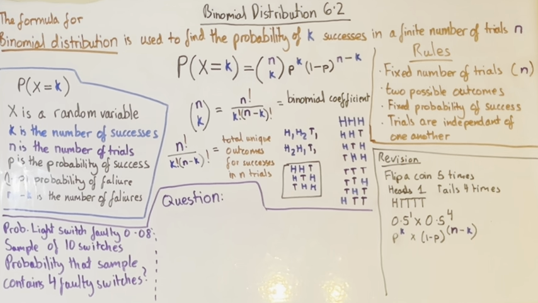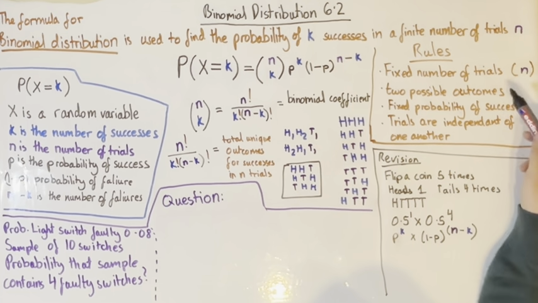Okay, so first, a definition of the formula for binomial distribution. We use the formula for binomial distribution to find the probability of k successes in a finite number of trials n. This is especially important because there are a couple of rules that you need to know for binomial distribution.